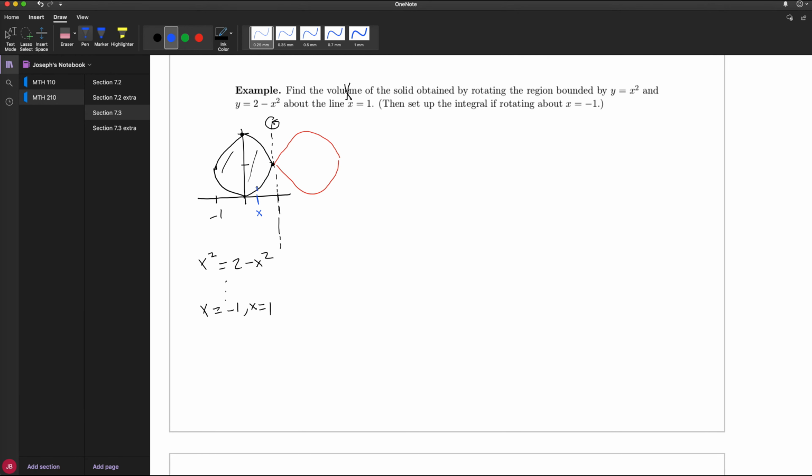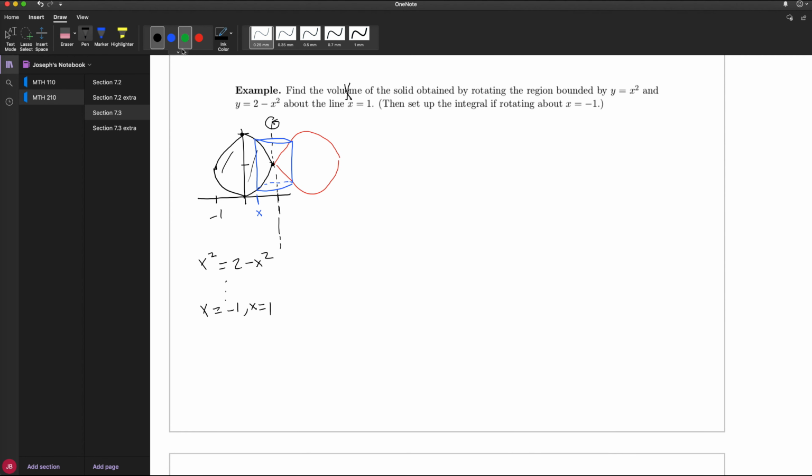The cylinder that we're going to get has that height, and when we spin it, we get, well, okay, it's not the best drawing, admittedly, but it's going to look something like that, right?